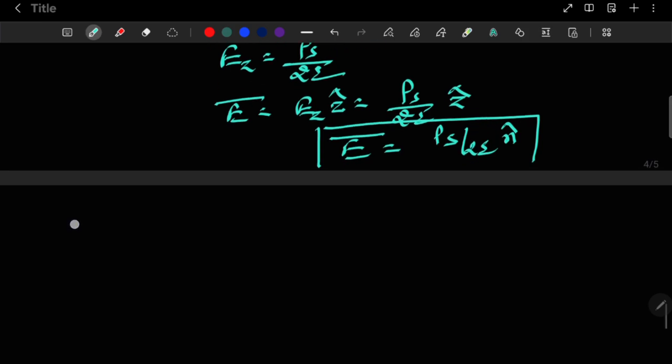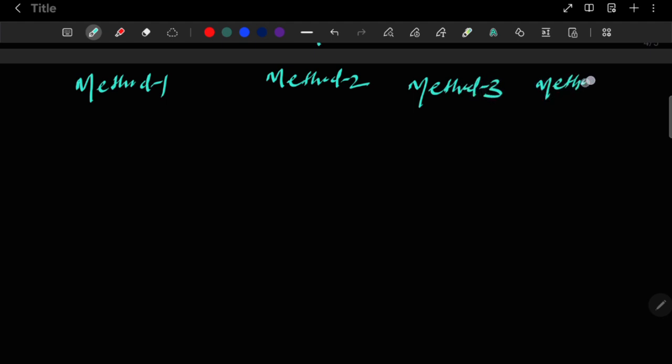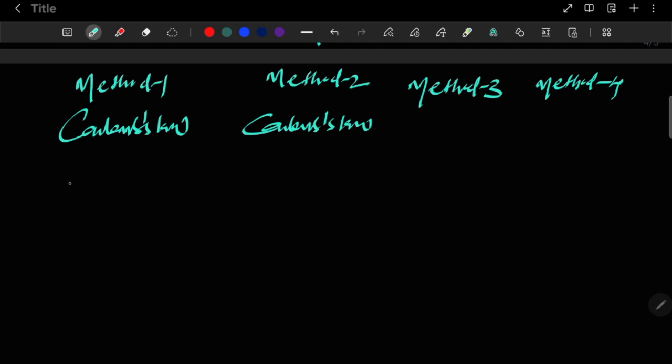Okay, what are the conclusions? We have done this in 4 different ways. Method 1, method 2, method 3, method 4. Method 1 is the Coulomb's law approach, where the point charge electric field is used.